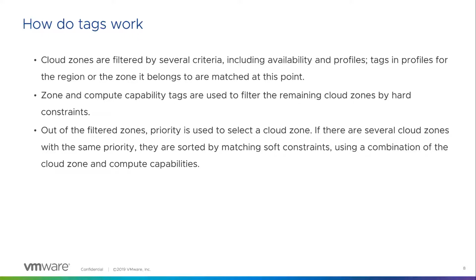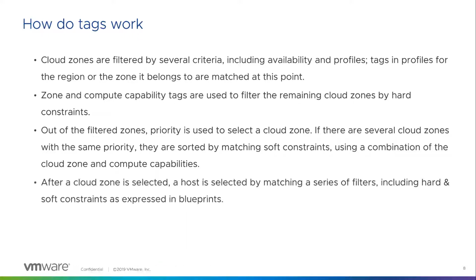Then at the same priority level, the soft constraints are checked, and it's a combination that is used for cloud zone and compute capabilities. Then after a cloud zone is selected, okay, I'm going into this particular cloud zone A, then I need to select a host, which host I'm going to put this virtual machine on.